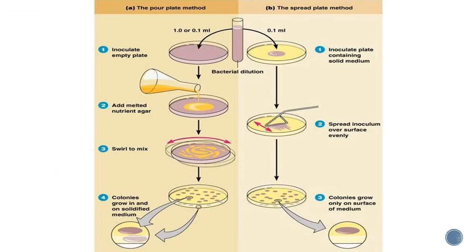Now several plating methods can be used to determine the number of viable microbes in the sample. These are referred to as the viable count method or plate count method, because they count only those cells that are able to reproduce when cultured. There are two commonly used procedures: the spread plate technique and the pour plate technique.